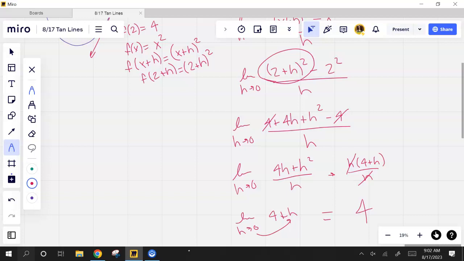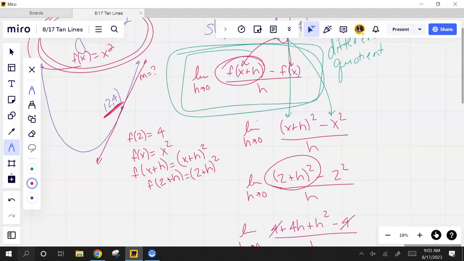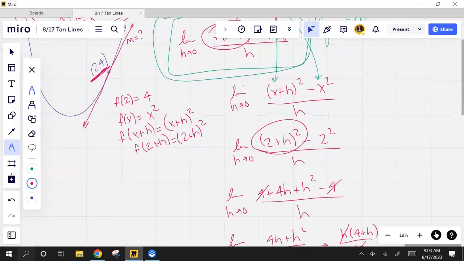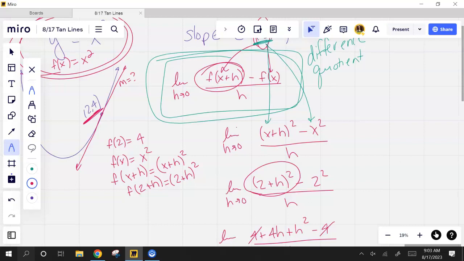We'll do another one with a different equation. Yes, but this step, what's circled in green, is always, always, always what you use to find the slope of the tan line. What's in red below that is specific to that function.